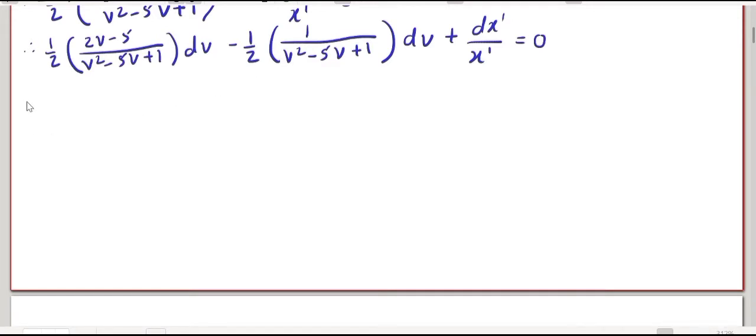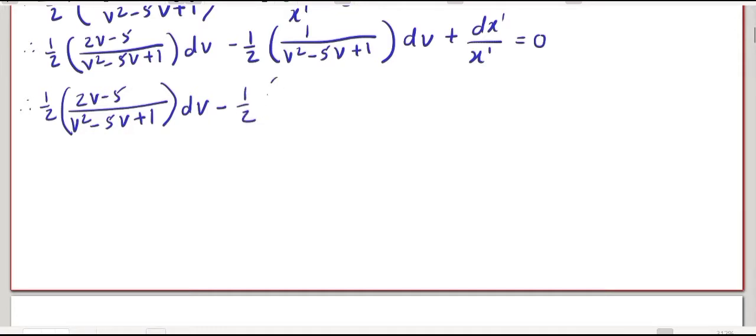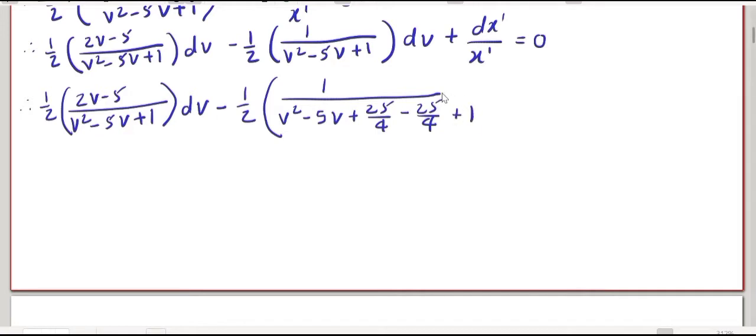So therefore we get 1 upon 2 (2v minus 5) divided by (v square minus 5v plus 1) dv minus 1 upon 2 into 1 upon (v square minus 5v plus 25 by 4 minus 25 by 4, we have to add and subtract this term, plus 1) dv plus dx' by x' is equal to 0.